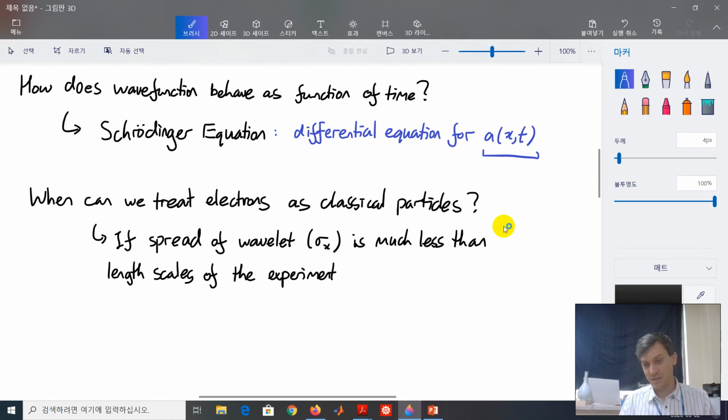Okay, so what are the length scales of the experiment? Well, in the two-slit experiment, you're interested in the width of the slits and the distance between the slits.